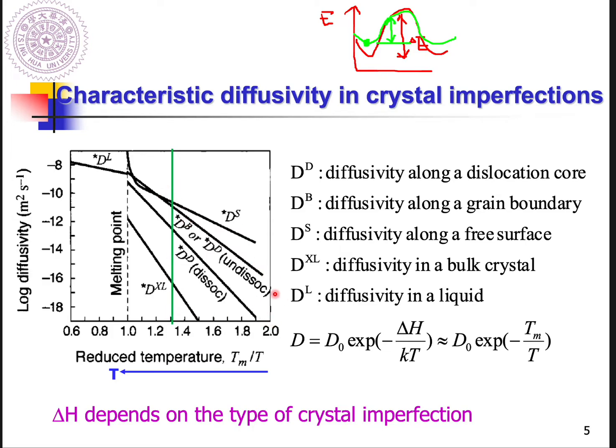Then I can plot this, and as long as I plot this, you can get the delta H, right? And some people also use the melting point as an approximation to substitute for the delta H, because usually if the delta H is higher, then Tm is higher.